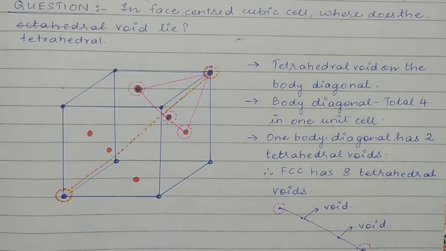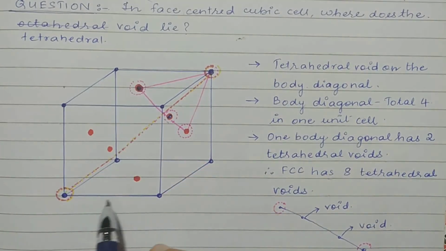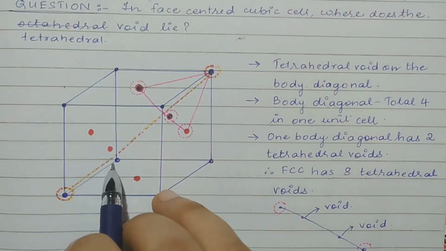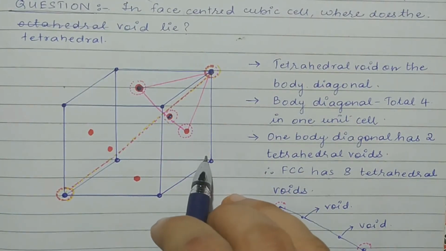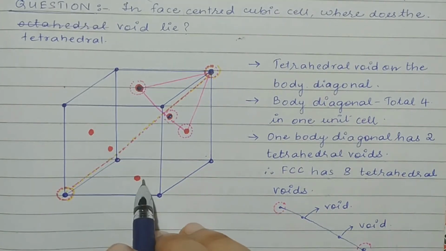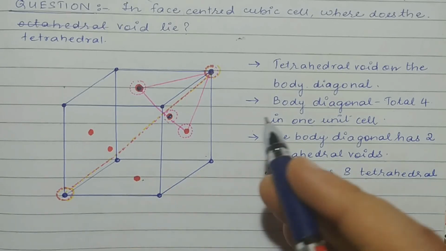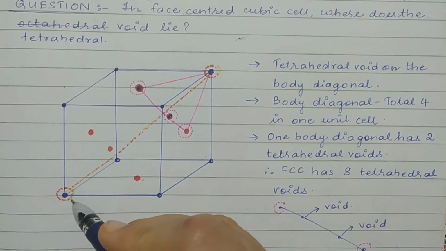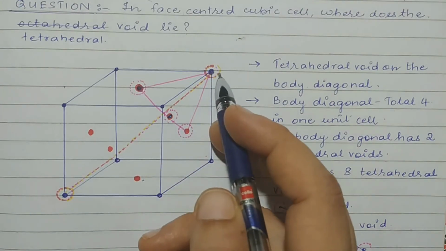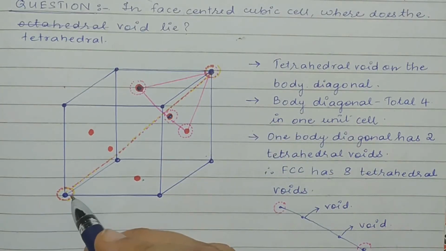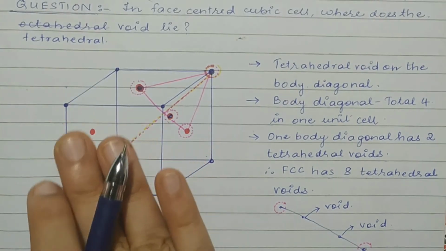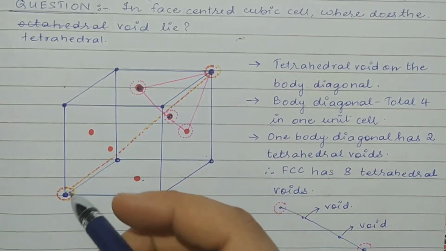Here you can see a simple cubic unit cell. These blue dots are the lattice points at the corners. The red dots are the lattice points at the center of each face, and the dotted line is the body diagonal. Now what is the body diagonal? This corner is facing us, this face is facing us, right?